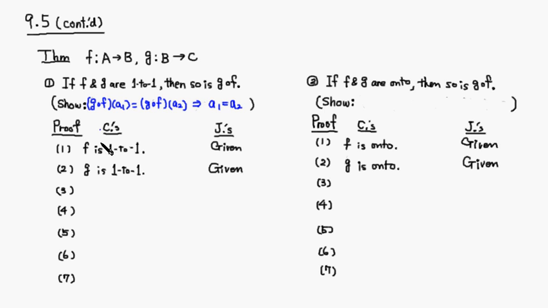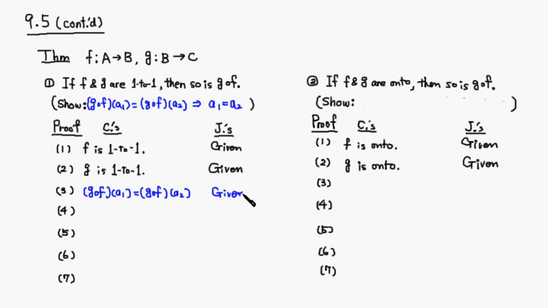All right, so let's assume that g of f of a1 is equal to g of f of a2. That's the hypothesis of the definition of 1 to 1, so I'll just say given.